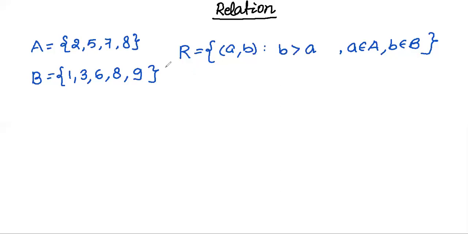So before writing elements, I want to write here A cross B also, the Cartesian product of A and B. This is (2, 1).